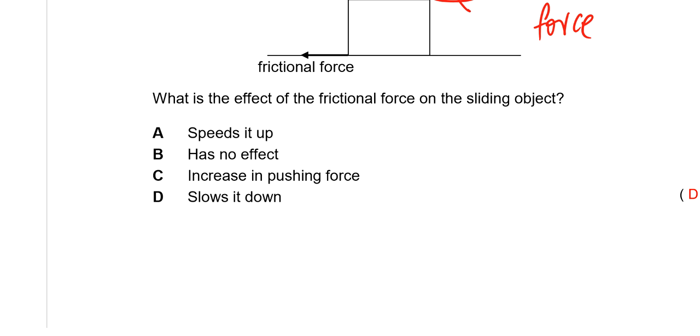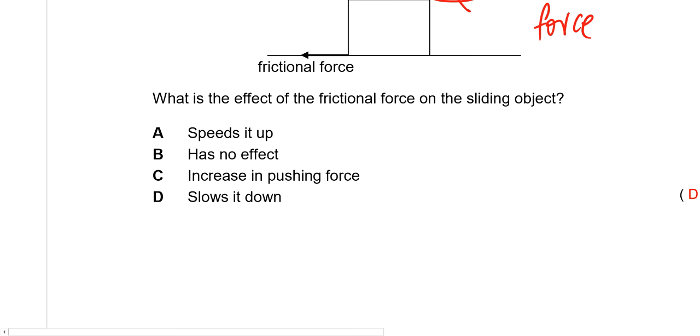How many forces are there in this diagram? From what we can see, there is only one. If you want to complete it, yes, there is weight. Then there is a normal reaction force. Now, the weight and the normal reaction force will be the same, so they cancel each other out. Horizontally, how many forces are there?